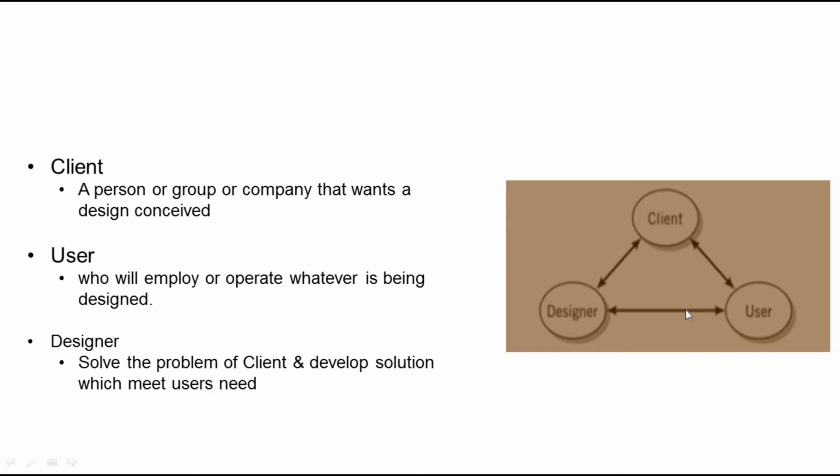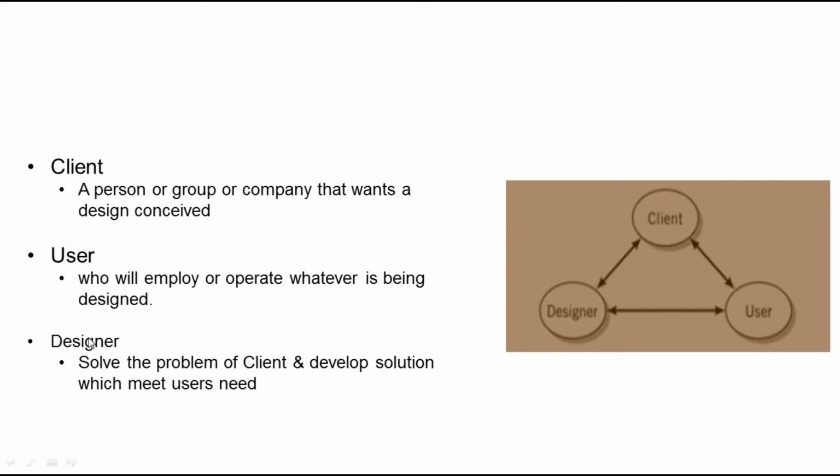For example, consider the ETLab product in our college. The client will be the college. The college wanted to implement the design. And the user will be the one who is using it, meaning faculty and students.